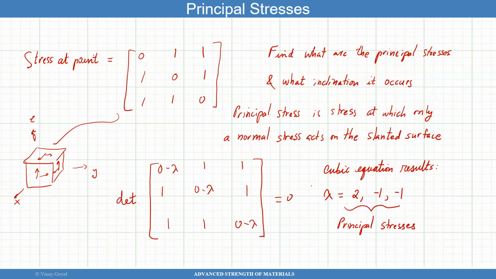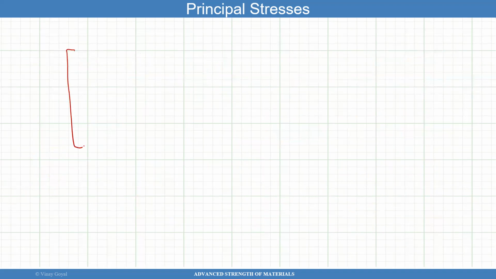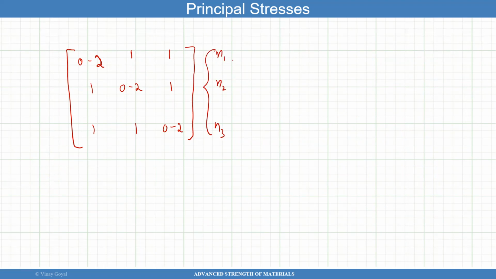And where do these principal stresses occur? That's the next step. I'll just do one root. I'll take 2 and plug it in here. So I have 0 minus 2, 1, 1; 1, 0 minus 2, 1; 1, 1, 0 minus 2, times n1, n2, and n3, equal to 0.